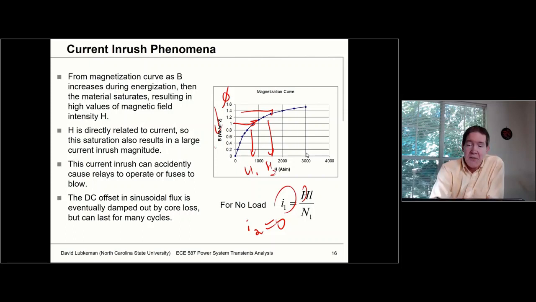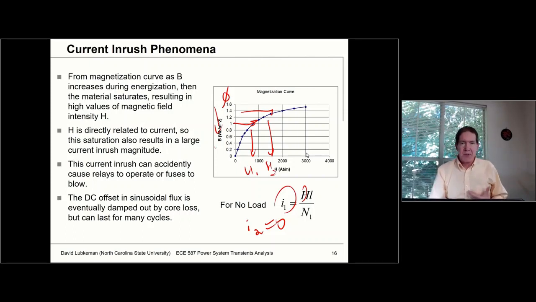So if I have this BH curve, there's a way I can map this to current, and I'll show you in more detail how to do that in a worked example, which I'll be doing in the second video.